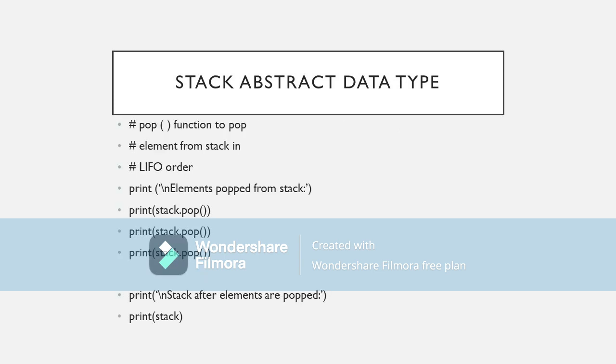Pop function to pop elements from the stack in LIFO, or last in first out, order. The pop function removes the last item in the list and returns the value of the element that is removed. In our case, calling print(stack.pop()) removes the last element of the stack and prints out the value C. By calling pop again, we'll return the value B, and again, we'll return the value A, until the stack is empty.